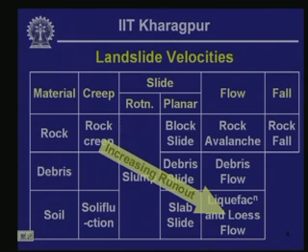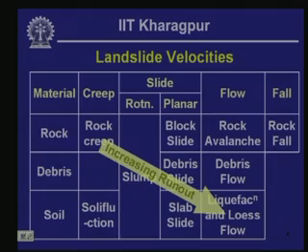Creep is going to affect areas which are typically less than a meter in scale, in horizontal distance we are talking about, whereas mud flow, for example, or liquefaction flow slide could affect several kilometers downslope from the location where the flow was originally triggered.